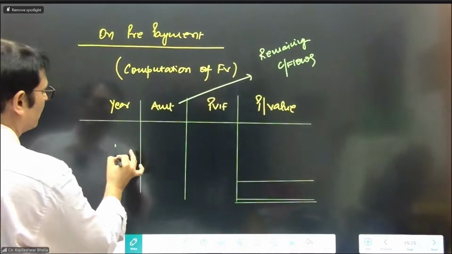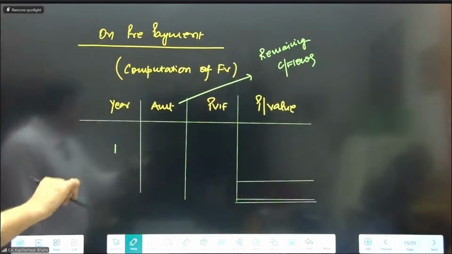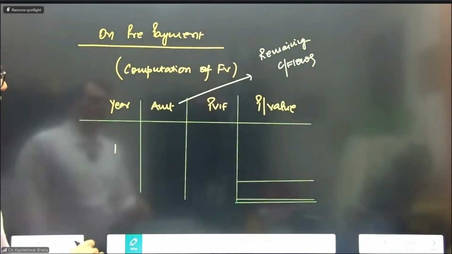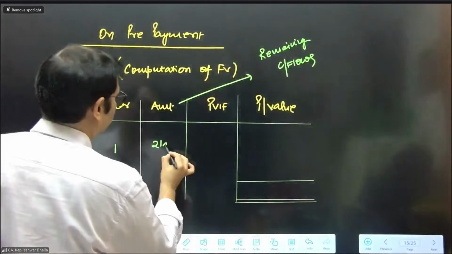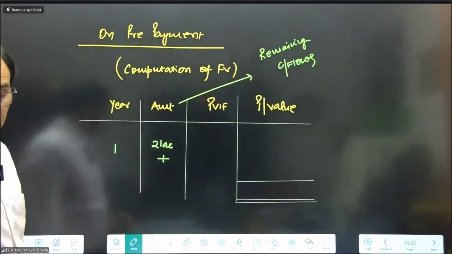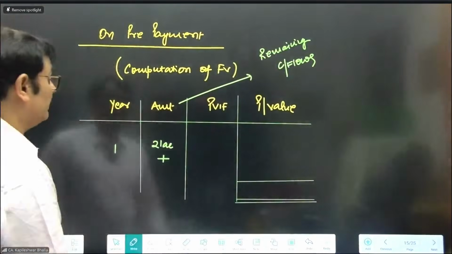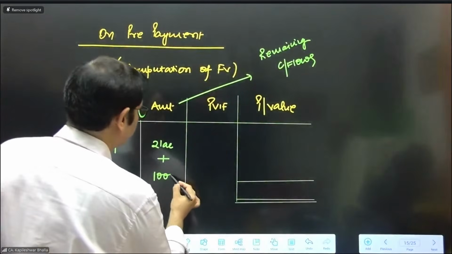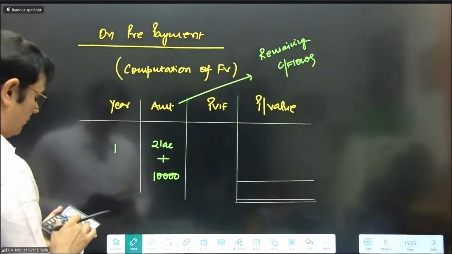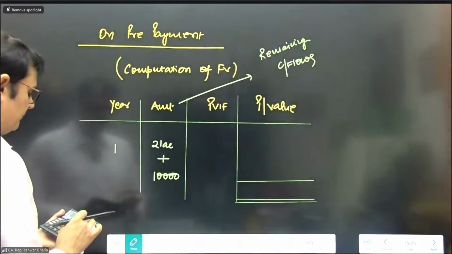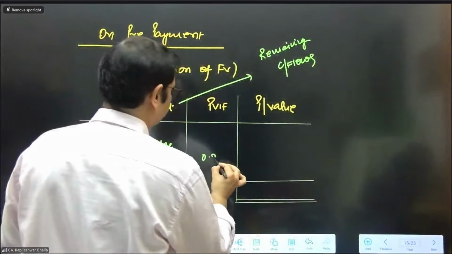We've got another 1 year to go. So there is a payment which is, I think now, 2 lakhs principal, and the interest will be 5% on this. So at 12%, this comes to 0.893.